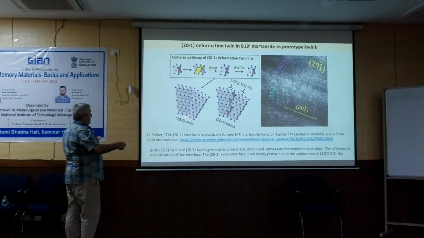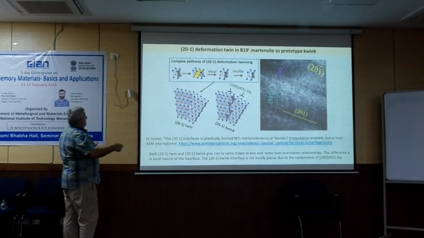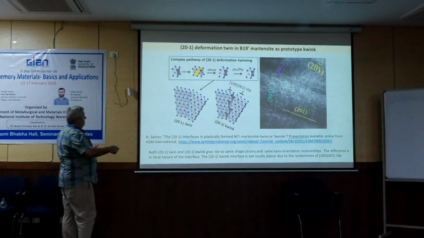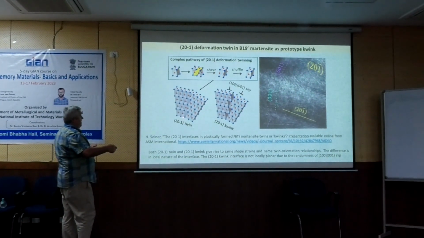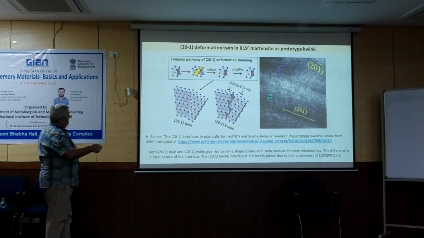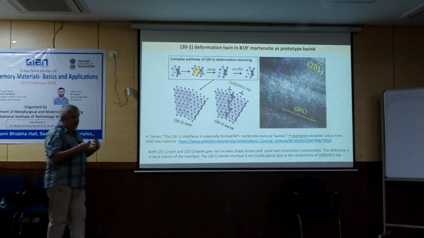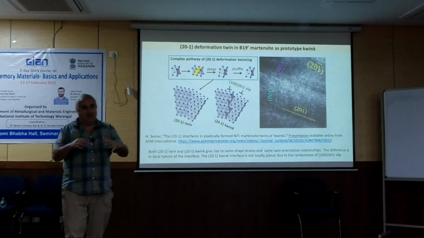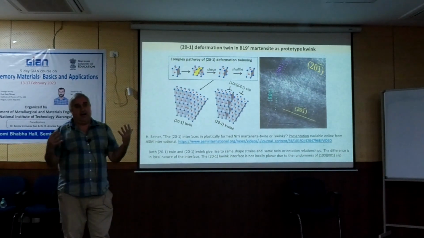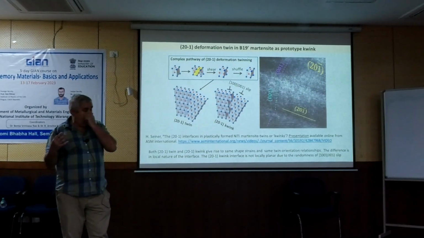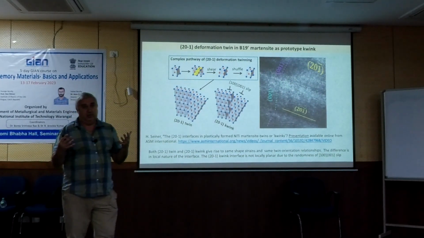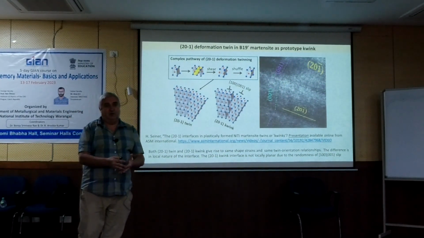It has been observed in nitinol, and there is some theory in the literature on how this deformation twinning proceeds. In this theory, which is published in the literature, they assume some shear and shuffle, and the energy which is necessary for such atomic displacement at low temperatures is very high, and many people claim this is unrealistic, it cannot occur. But we observe the twin, so it must occur.